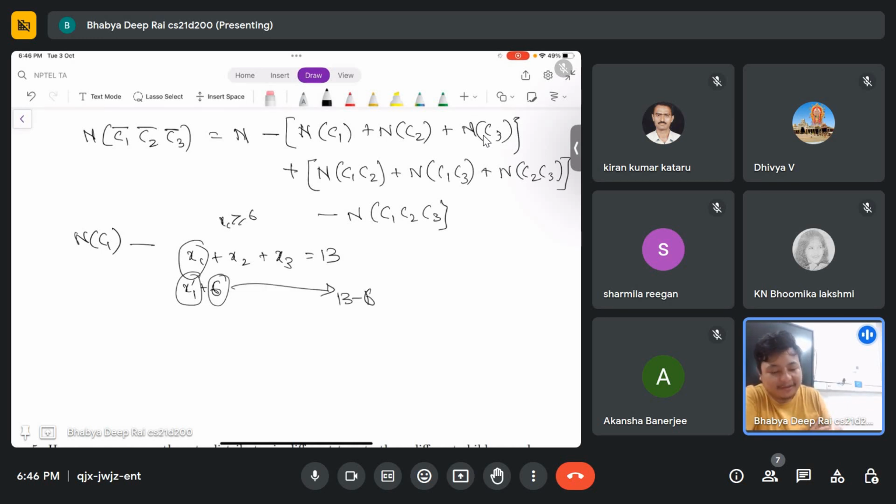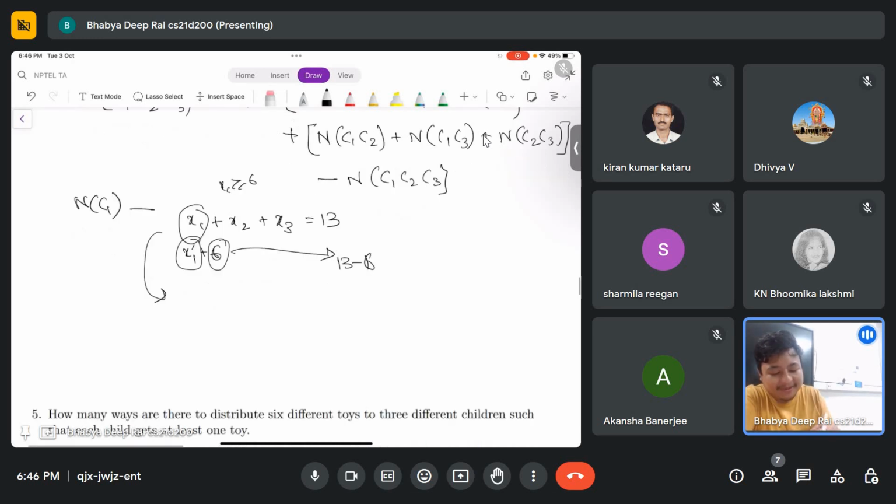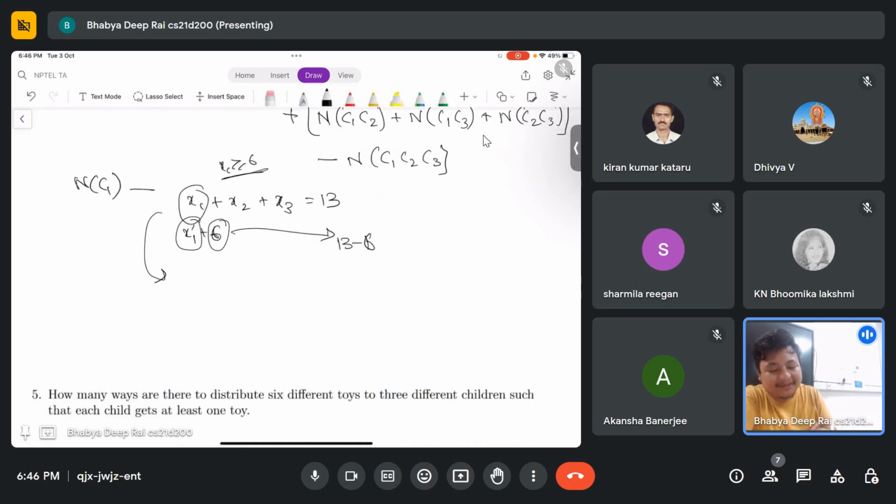But you don't need to remember all that. Just remember, since x1 is greater than or equal to 6, we can subtract 6 on both sides, which is equivalent to solving x1 plus x2 plus x3 equals 13 minus 6, which is equal to 7.